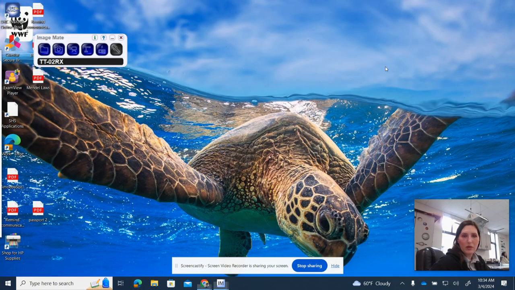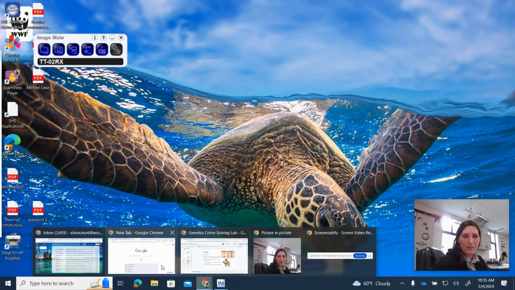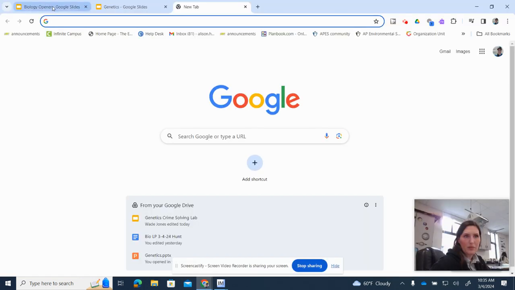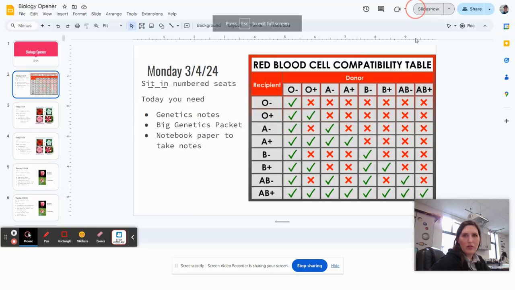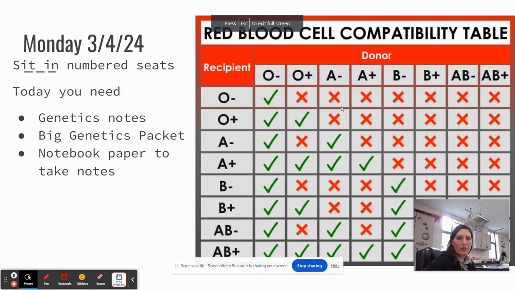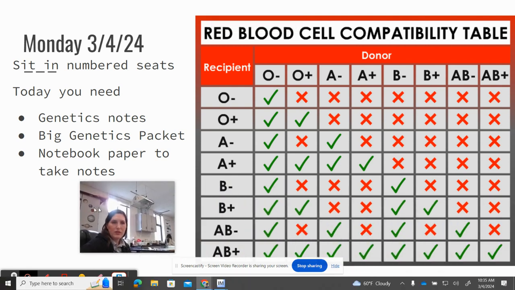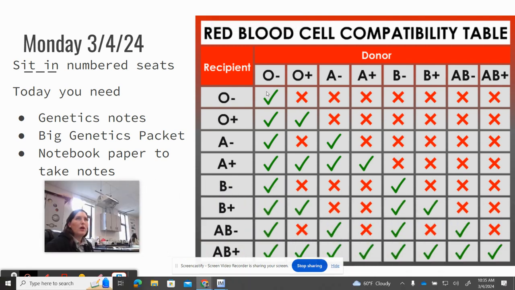We'll pull that up. There we go. All right, let's take a look at this on the screen. Type O negative is what we consider a universal donor.